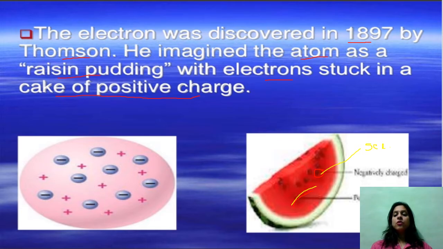All right, so this model was given by Thomson. ठीक वैसे ही जैसे हमने यहाँ पे कहा that the whole sphere is positively charged, whereas electrons or negatively charged particles are embedded or distributed in this model. All right, bache.